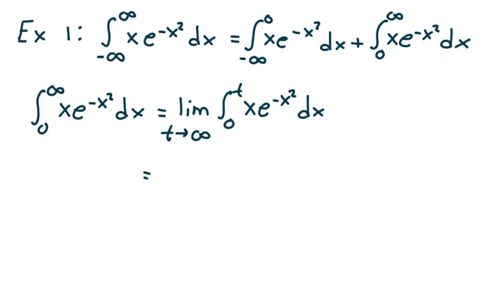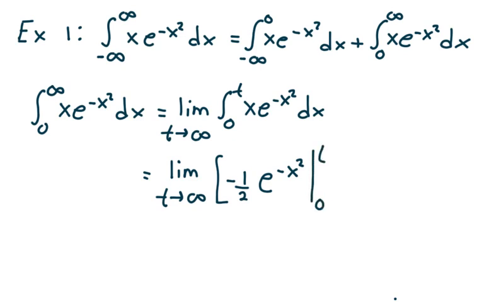Now, the way we integrate this is we're going to get e to the negative x squared, but if I take the derivative of e to the negative x squared by the chain rule, I get negative 2x e to the negative x squared. I don't want the negative 2 there, so to compensate, I have to divide by 2 or multiply by negative a half. And I'm going to evaluate from 0 to t.